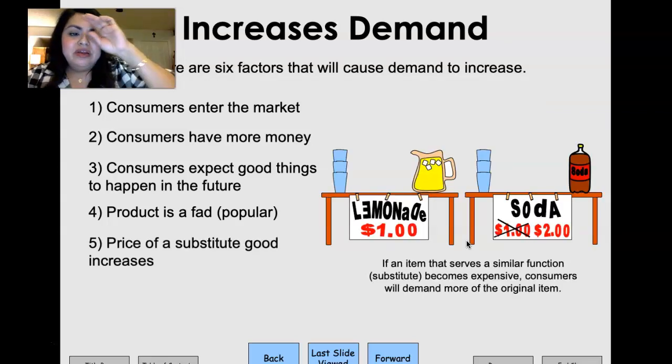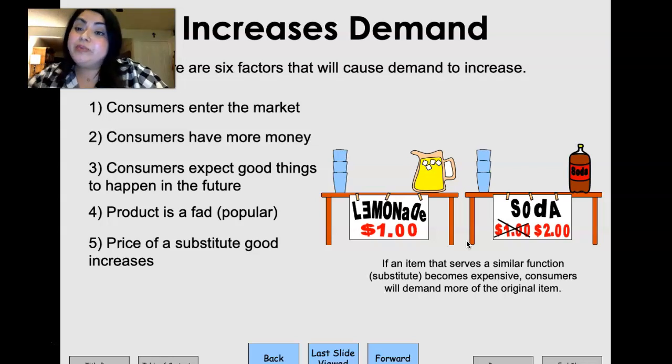And then the demand can go up if the price of a substitute product increases. It's kind of hard to think of an example for that one. Maybe people that put little sugar packets in their coffee. If the cost of Sweet'N Low and all those other sweeteners went through the roof, maybe people would just use regular sugar because it was cheaper.